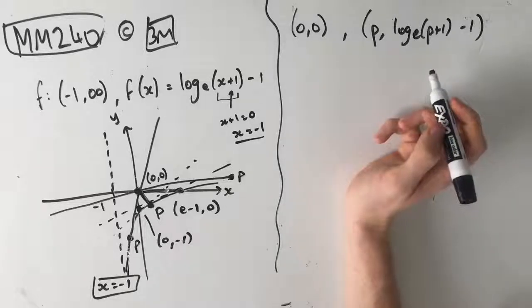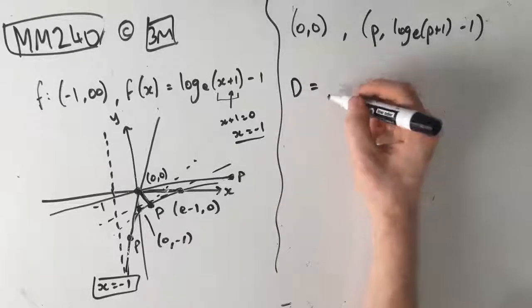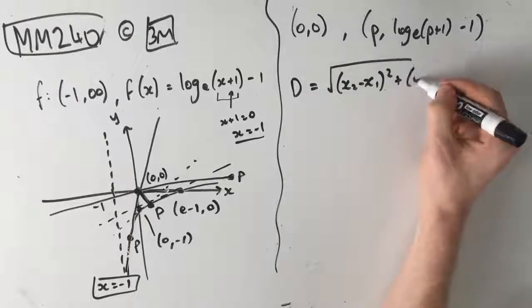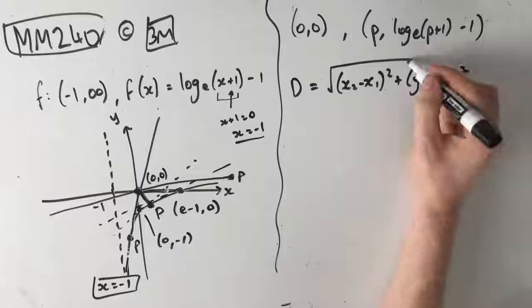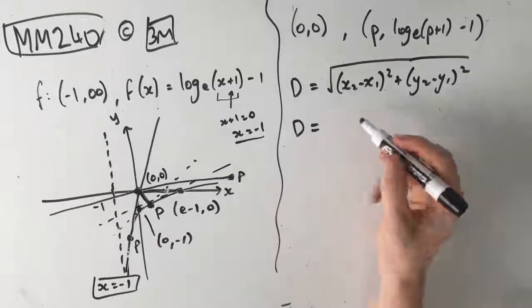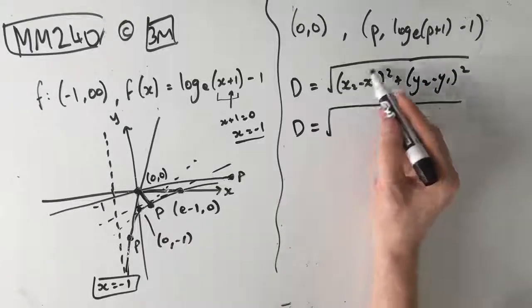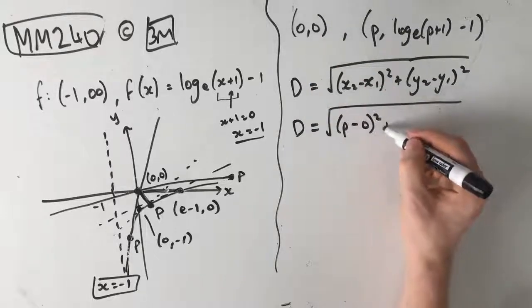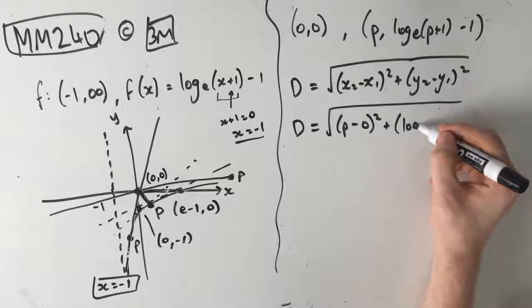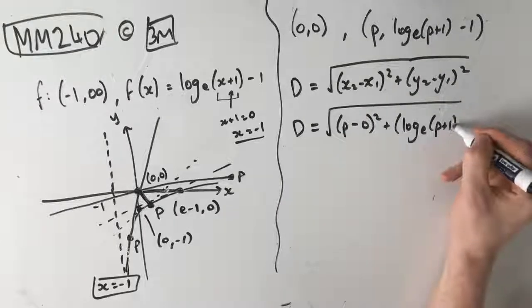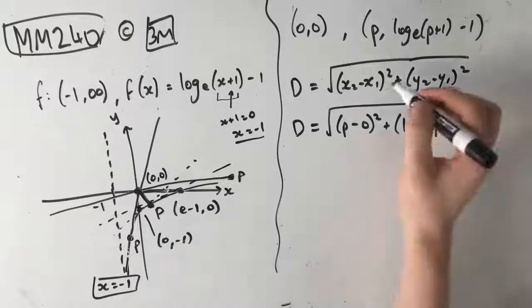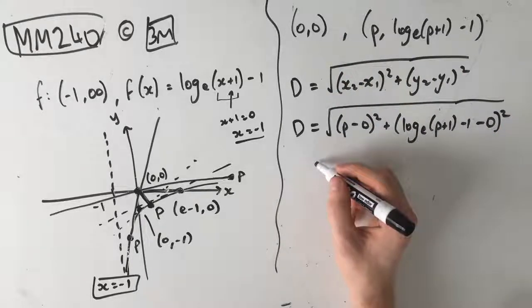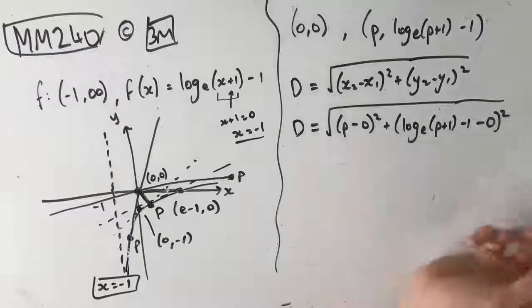Awesome. From here, we know that distance generally is equal to square root of x2 minus x1 squared plus y2 minus y1 squared, which means that we're going to take x2 as p, so we get p minus 0 squared plus log e of p plus 1 minus 1 minus 0 squared, and then we derive.